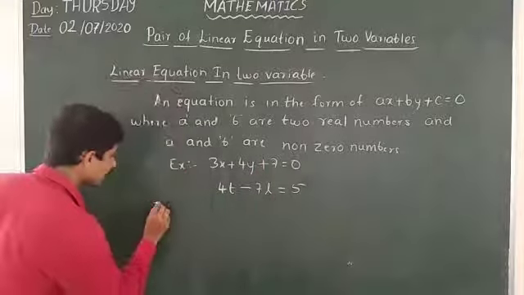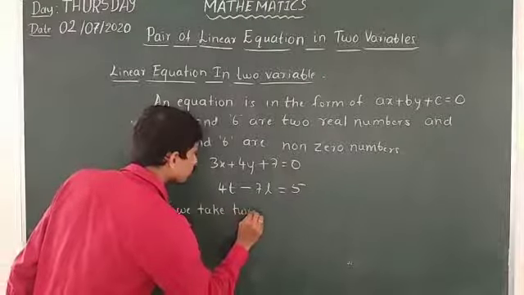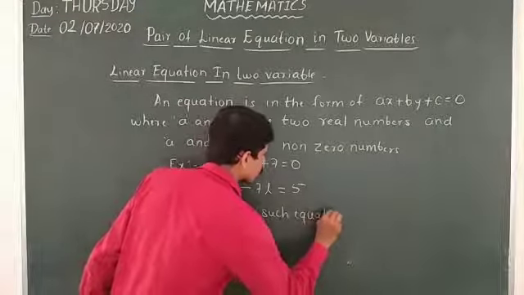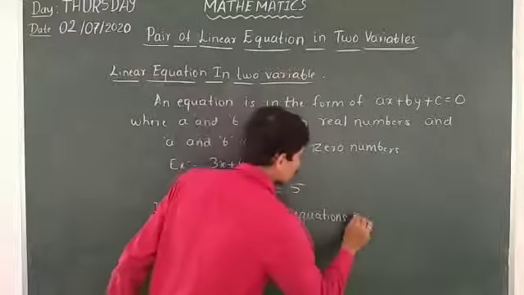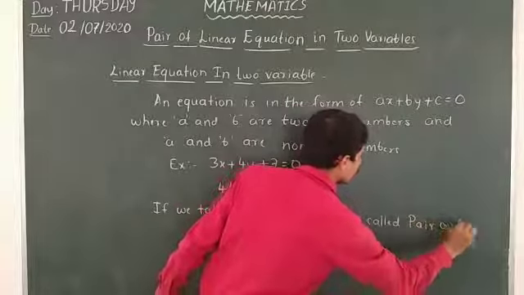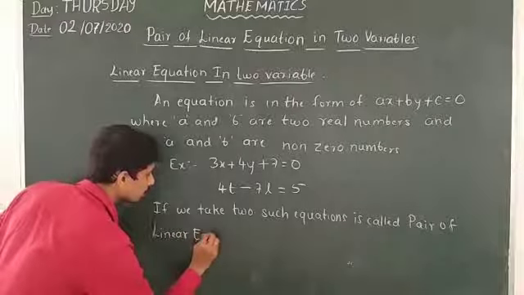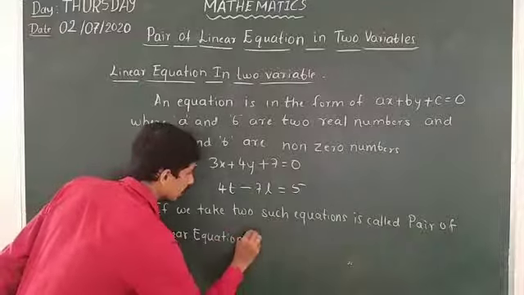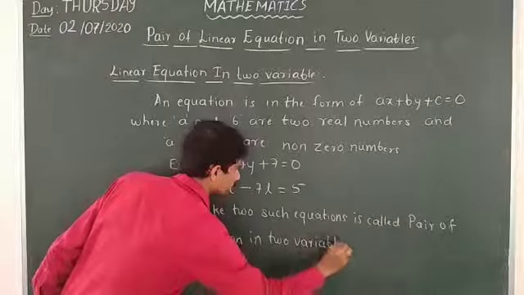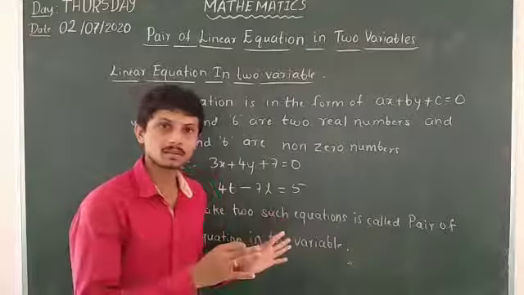If we take two such equations, it is called a pair of linear equations in two variables. Pair means two, like married pairs.